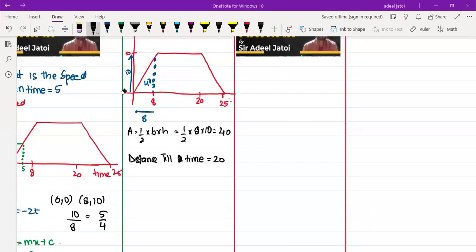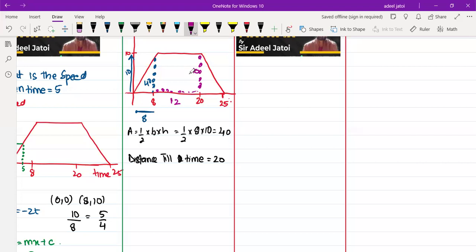That means the time is 12, and this is 10. And this is your rectangle. So 12 into 10 becomes 120. If we write down this shape, this is your rectangle, right? The difference of 20 and 8 is 12, and this becomes 10.